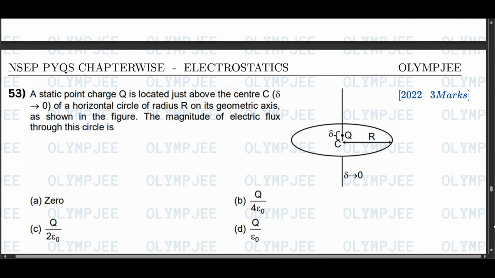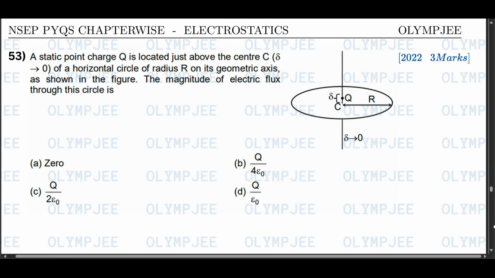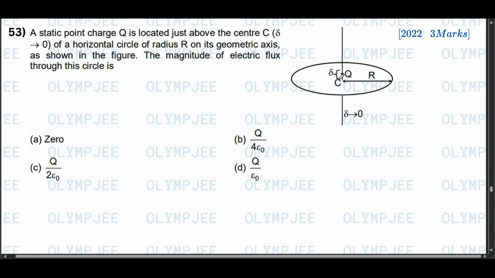And moving on to question 53, it says a static point charge Q is located just above the center C of a horizontal radius r on its geometric axis as shown in the figure. The magnitude of flux through the circle is. Since this delta is approaching 0, it will be very near to this circle, right?